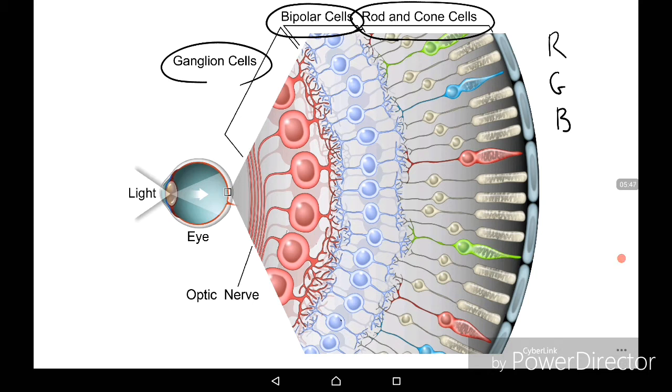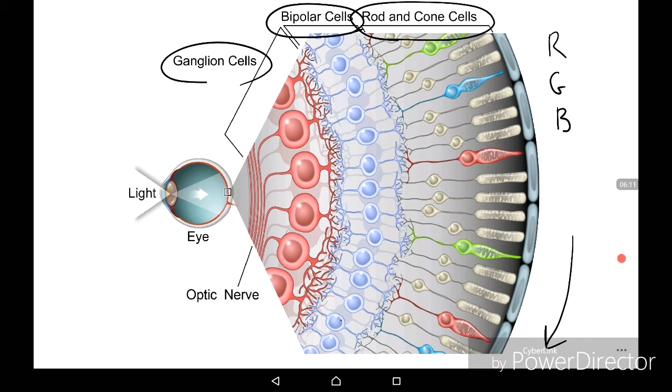We have therefore receptive fields. At the center of the eye, one rod or one cone is connected with one bipolar cell and with one ganglion cell. On the periphery, we have larger receptive fields.